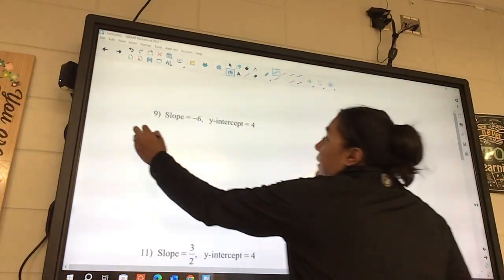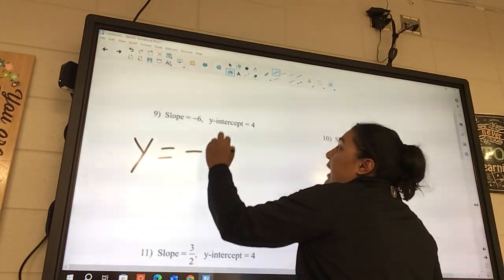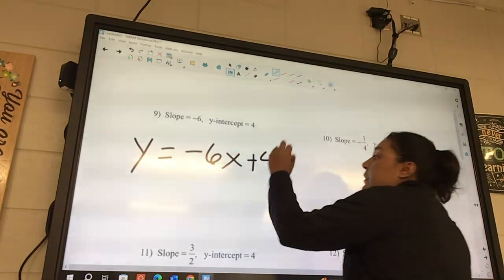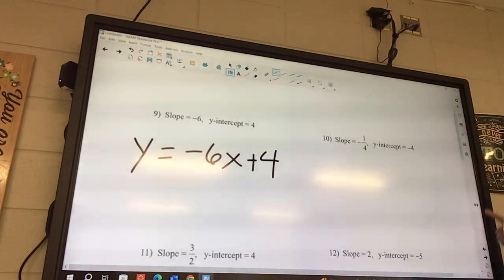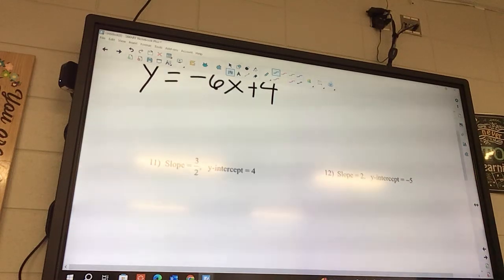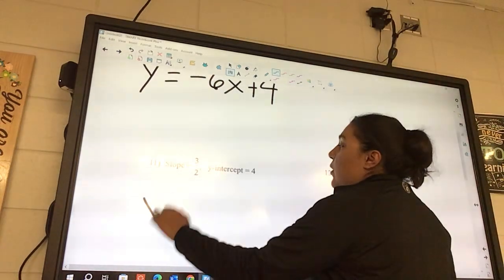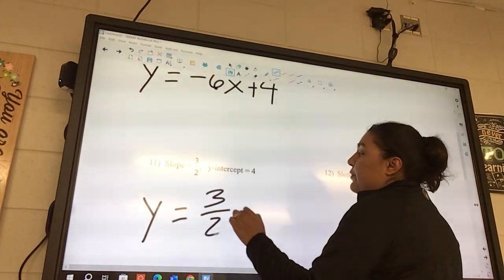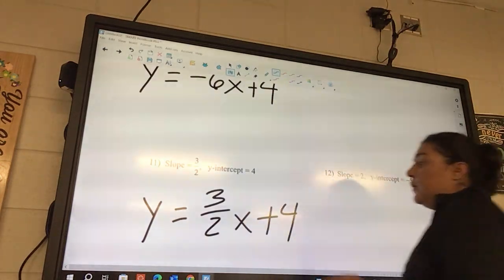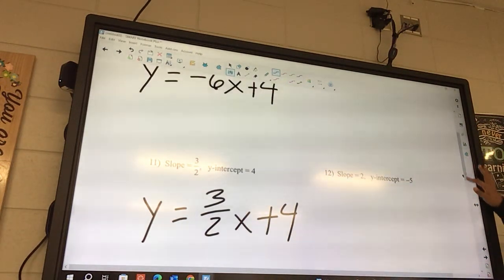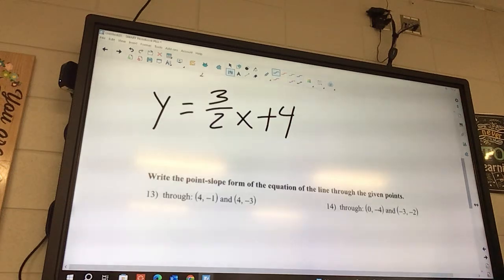Okay, number 9 is going to be y equals negative 6x plus 4. And 11 is going to be y equals 3 over 2x plus 4. Okay, so the first 12 are like that.